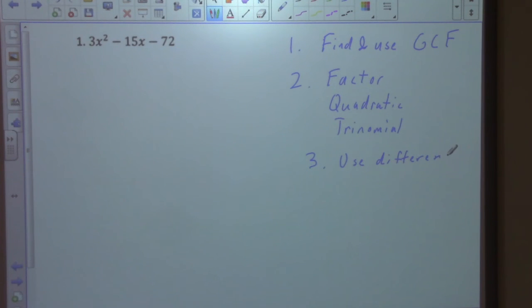And difference of squares is going to be used on a quadratic binomial. So usually a quadratic binomial, and you can use it on other things depending on the situation.